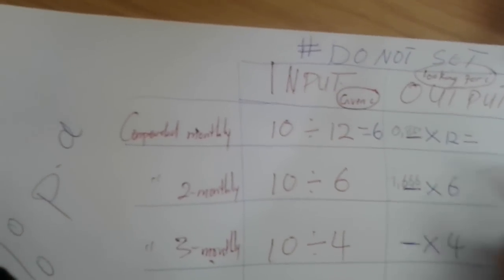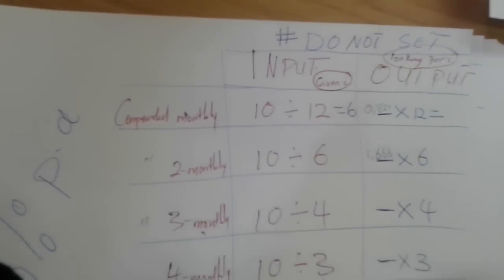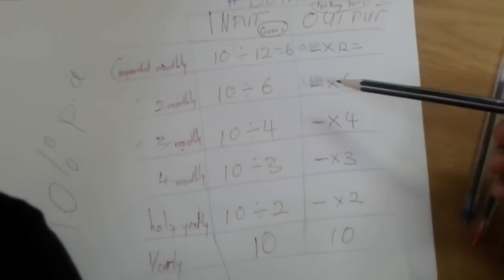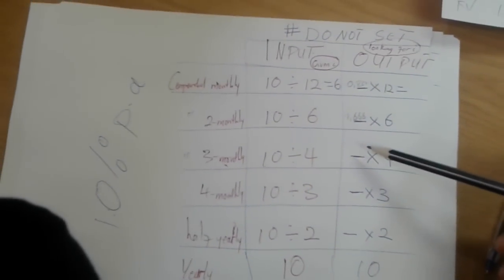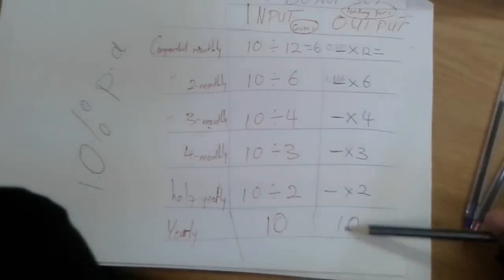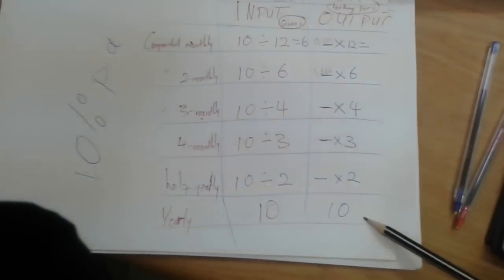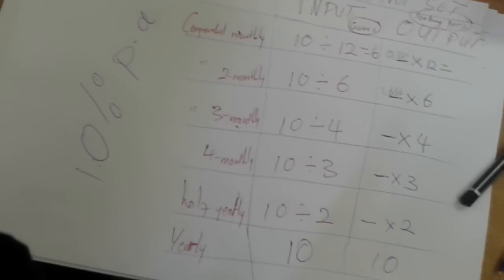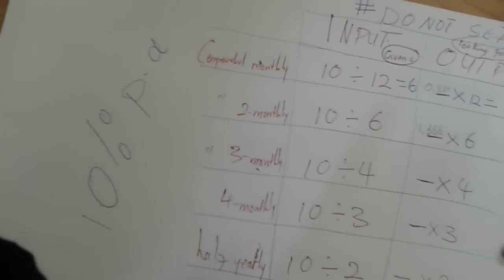If you multiply by 6, again you get 10. And the same thing applies to the other ones. So I want you to remember this. For those who are not setting their calculators, this is how you input your rate and this is how you output a rate, if you are given a rate or looking for a rate. Let's quickly look at an example that illustrates what I'm talking about, and also other things of compound interest.